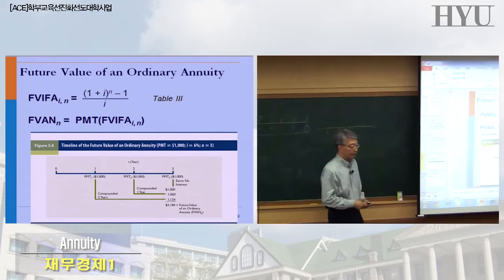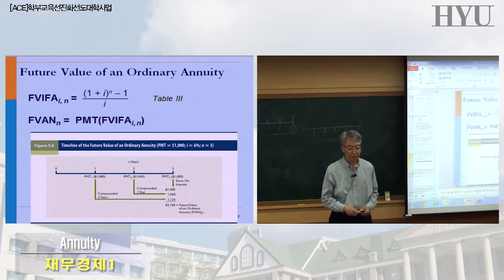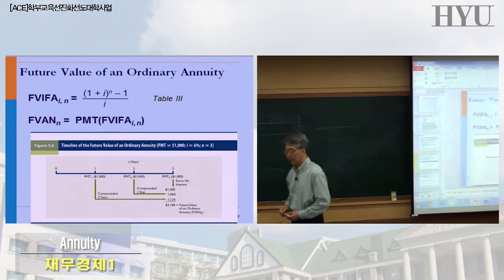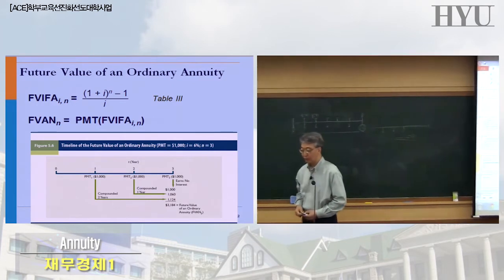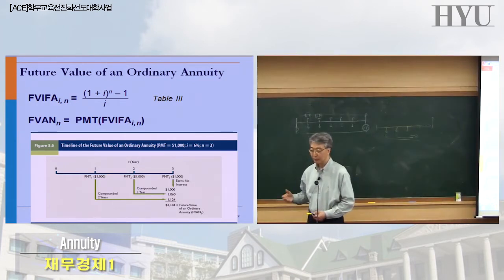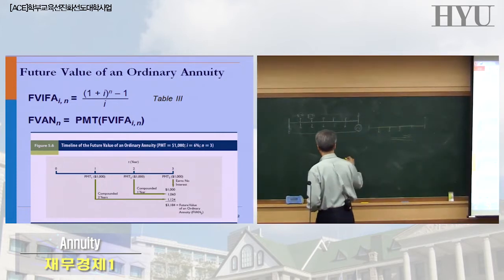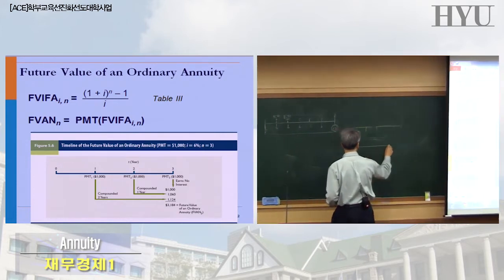Another example is a loan. When you buy a car, let's say, you borrow money, and say that was a 48-month loan. It's a slightly different case.